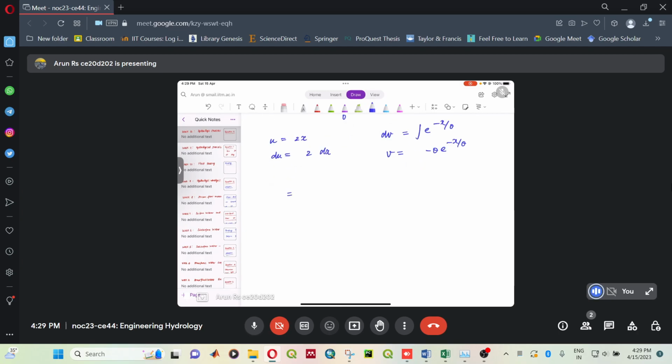So again we can substitute this here. Again this is evaluated over the limit of 0 to infinity.